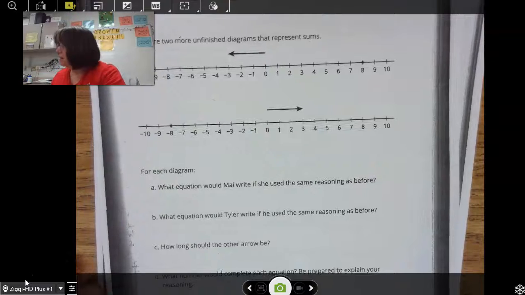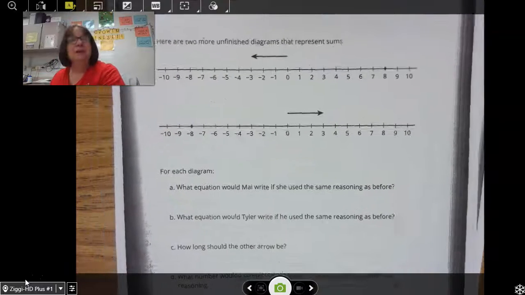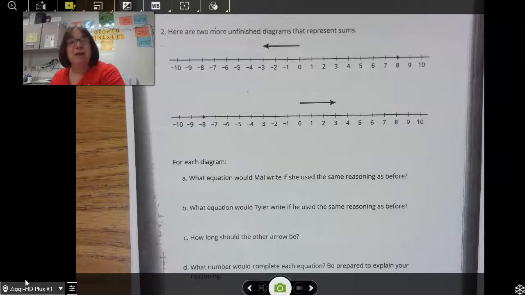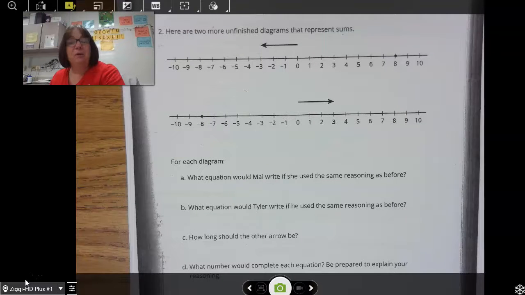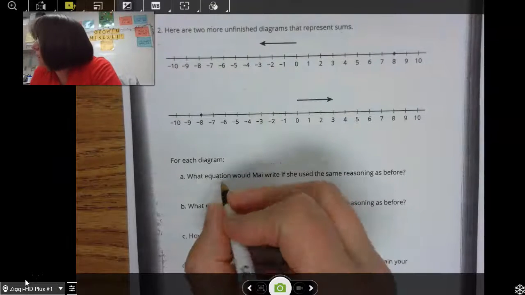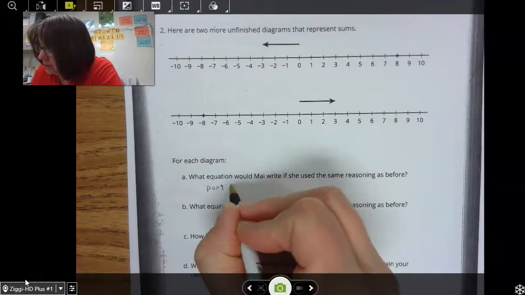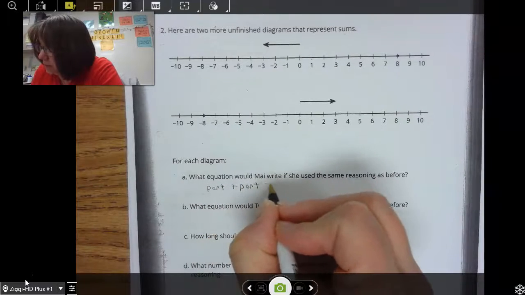Okay, the next page continues with this, and it gives you 2 more unfinished diagrams that represent sums. So for each diagram, what equation would May write if she used the same reasoning as before? So remember, when May wrote her equation, she said part plus part equals whole.